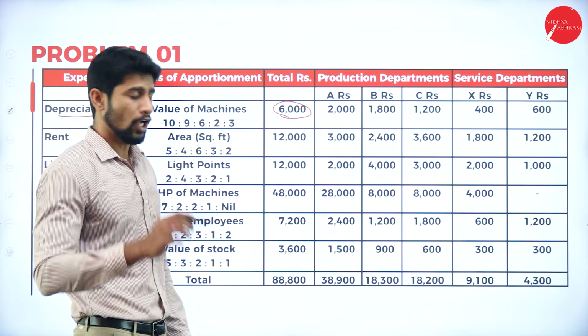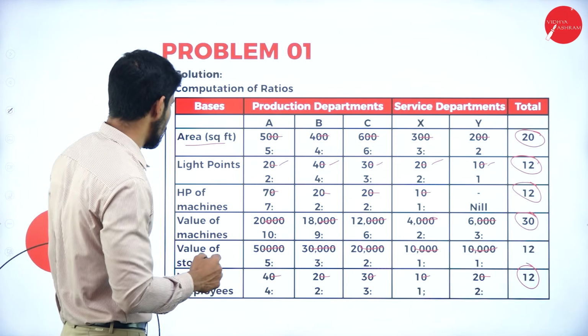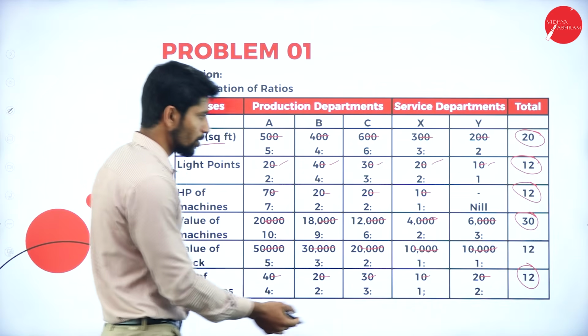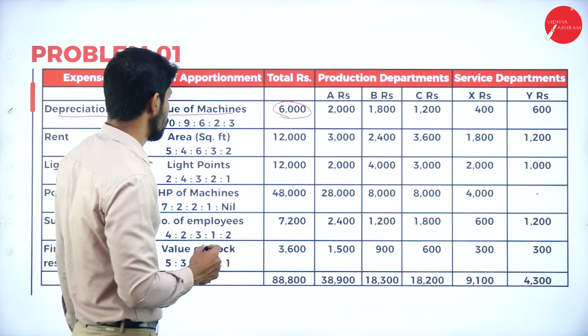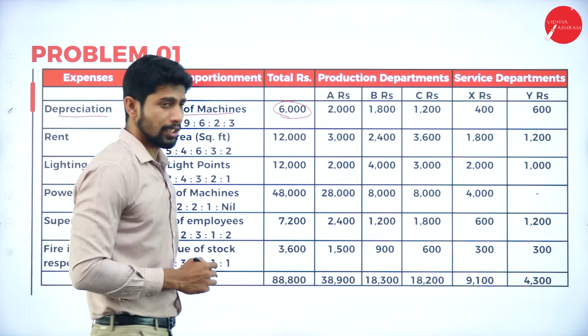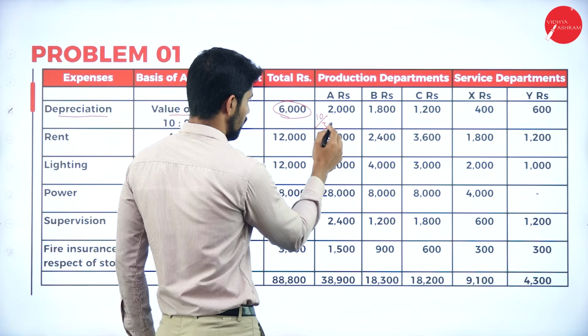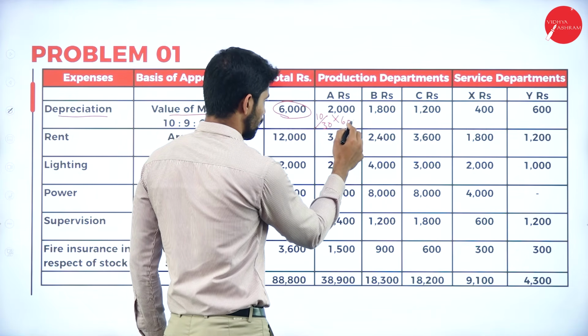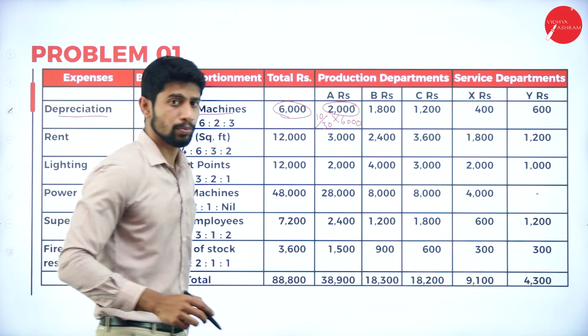So we are allocating based on the value of the machine. For production department A, 10 divided by 30 into 6,000. How much will you get? You will get 2,000 rupees.